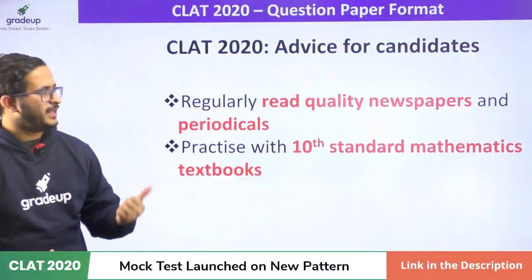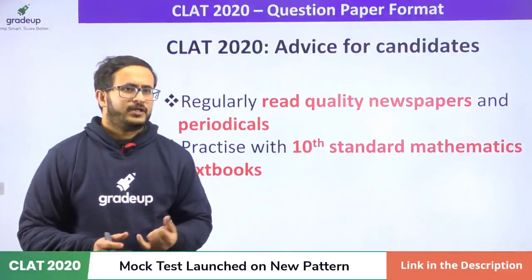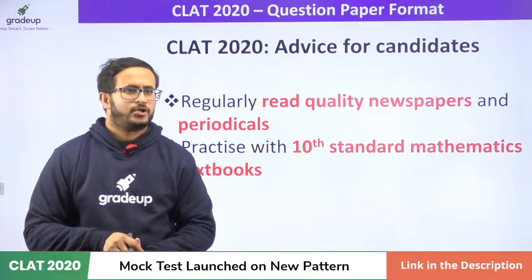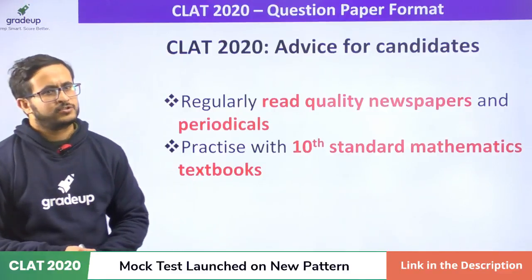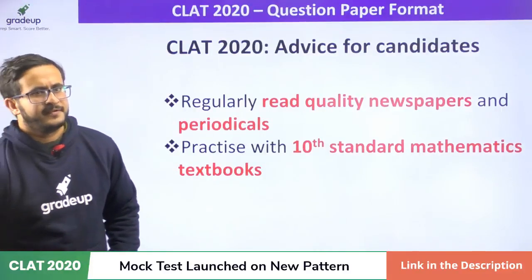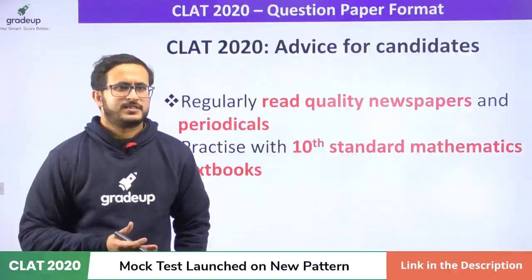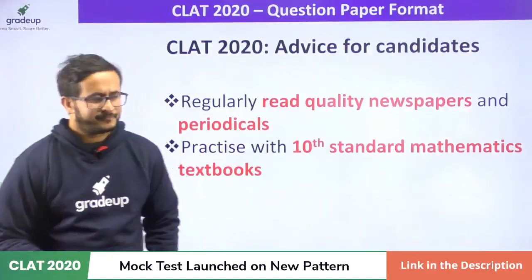So you have to enhance your reading speed and read quality newspapers. This will not only help you in current affairs, it will also help you in English. Also in the other two sections, it will build your critical reasoning.